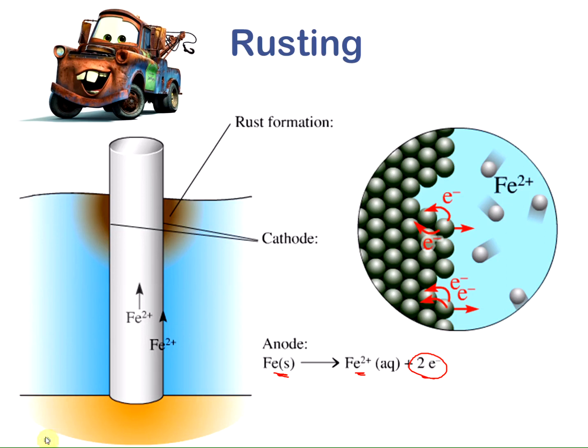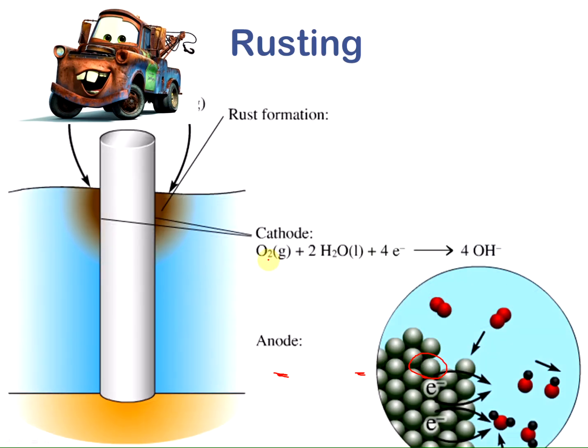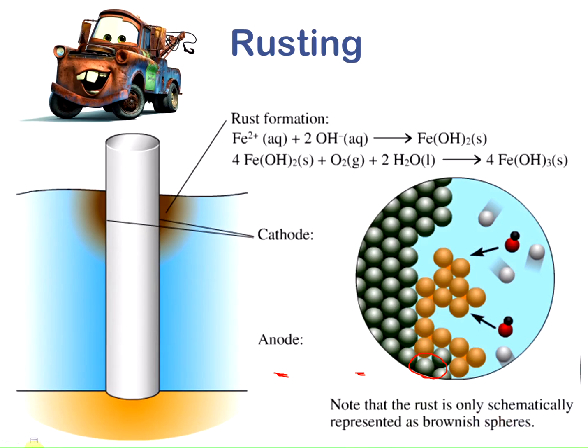the cathode. And at the cathode, oxygen from the air combines with water and the electrons that are produced from the anode, and it makes hydroxide ions. Those hydroxide ions that are produced at the cathode then combine with the iron 2+ ions that were created at the anode, and they form the complex iron 2 hydroxide.